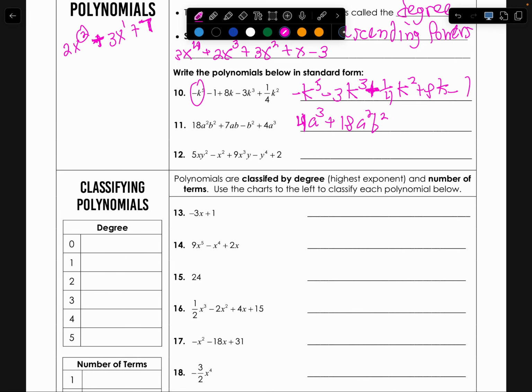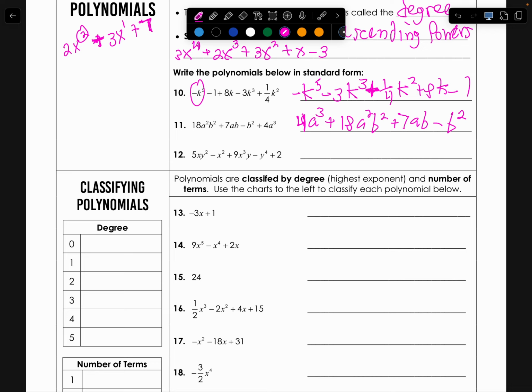And then I've got an a to the 1. A to the 1 has a b with it. And then this last part doesn't have any a's in it, so it's like an a to the 0.